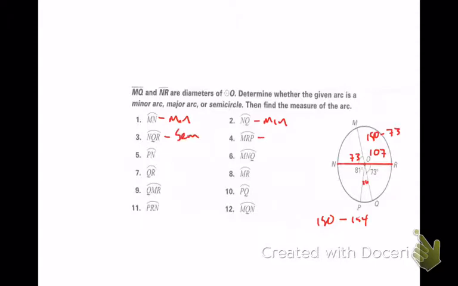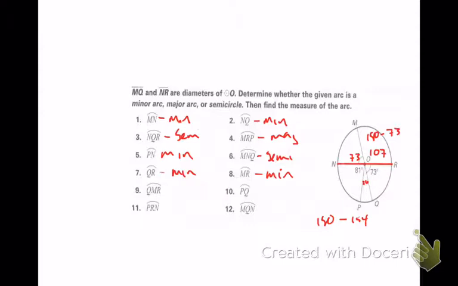MRP. M and P are not endpoints of a diameter, so this is a major arc. PN is a minor arc. MNQ is a semicircle. QR is a minor arc. MR is a minor arc.